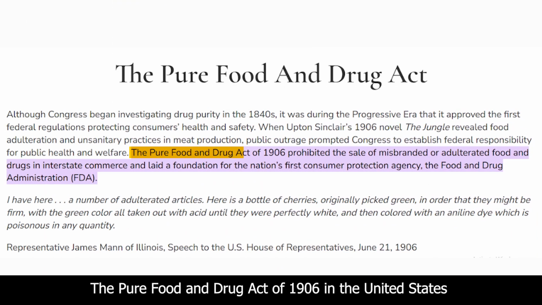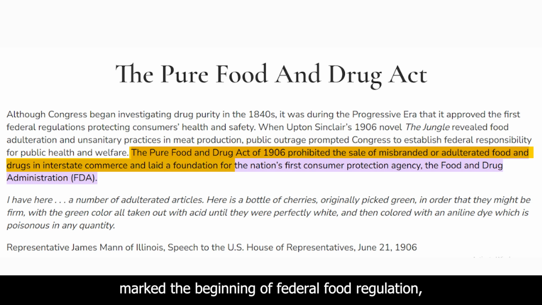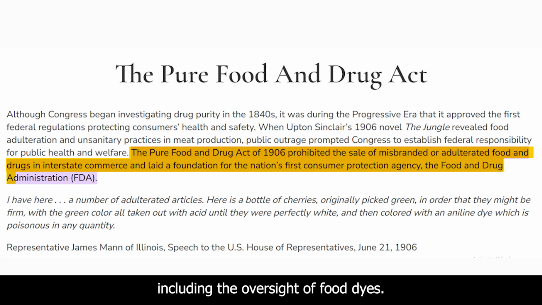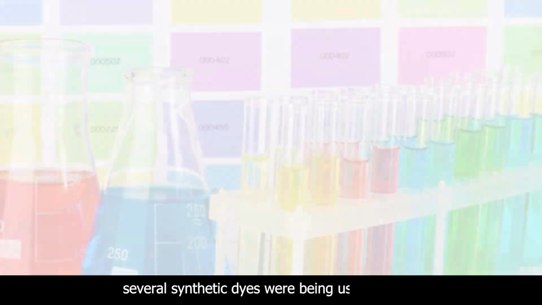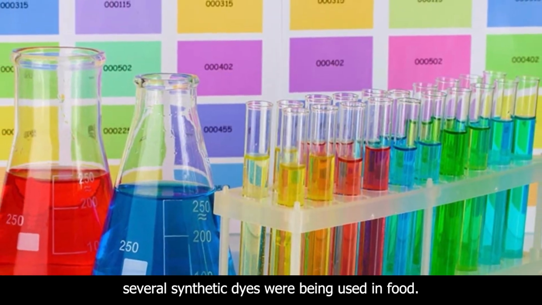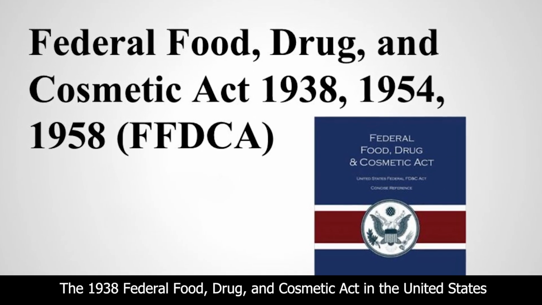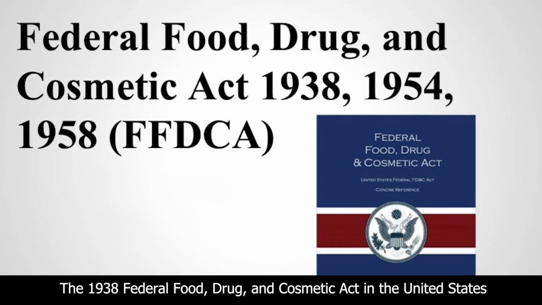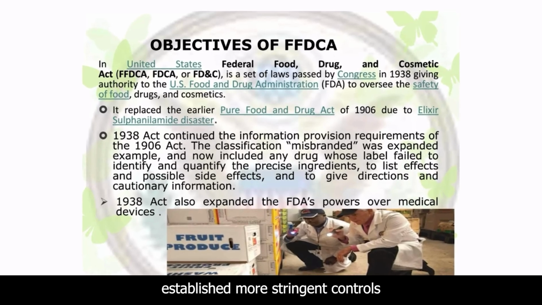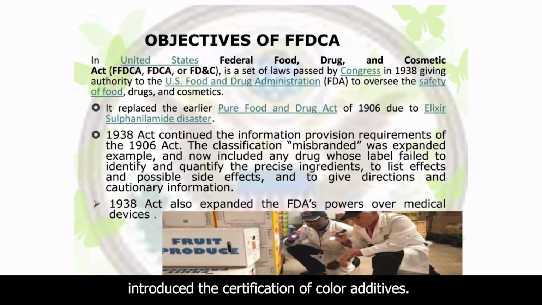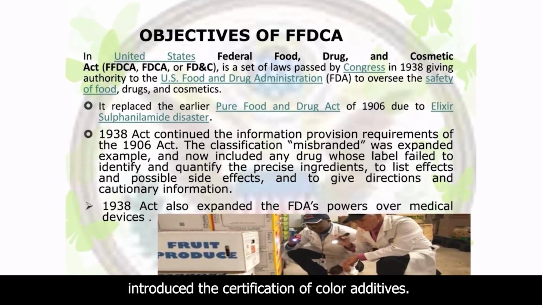The Pure Food and Drug Act of 1906 in the United States marked the beginning of federal food regulation, including the oversight of food dyes. By the early 20th century, several synthetic dyes were being used in food. The 1938 Federal Food, Drug, and Cosmetic Act in the United States established more stringent controls and introduced the certification of color additives.